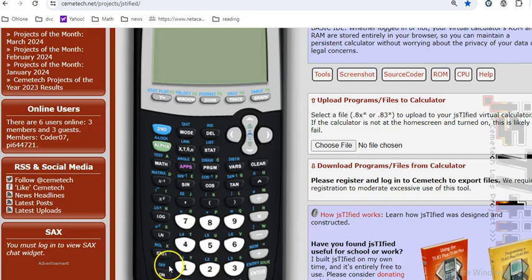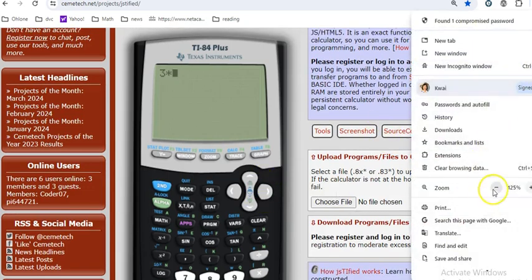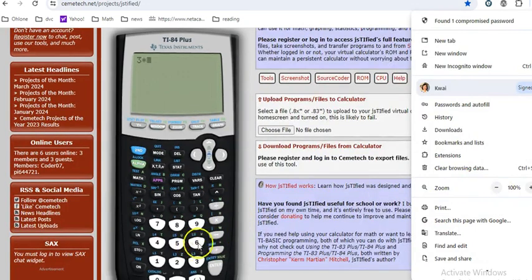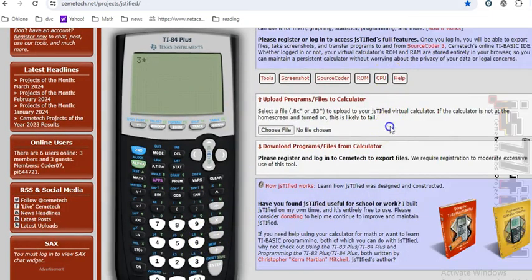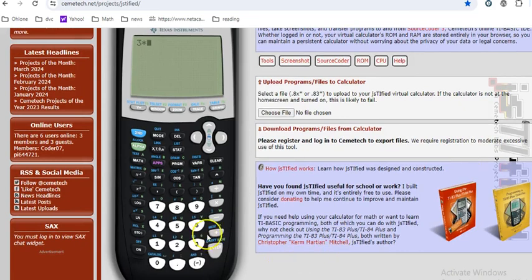What was it? 13 times... I think I need to make it smaller. Clear.